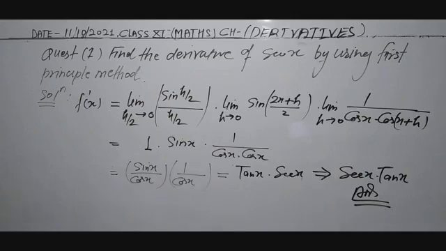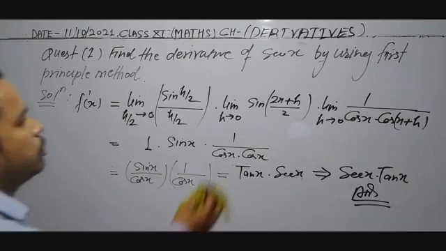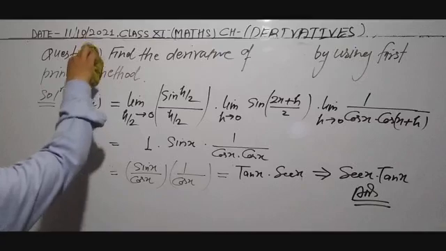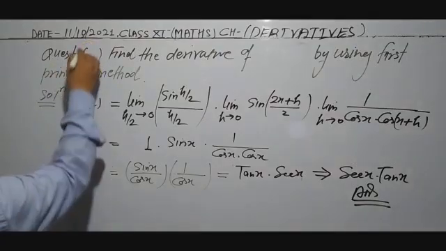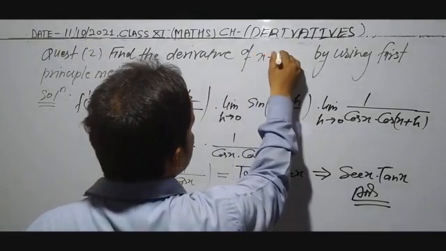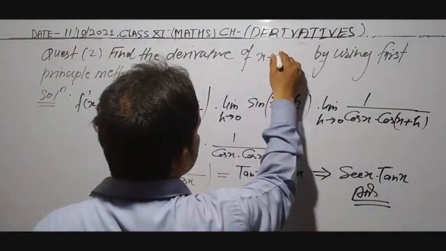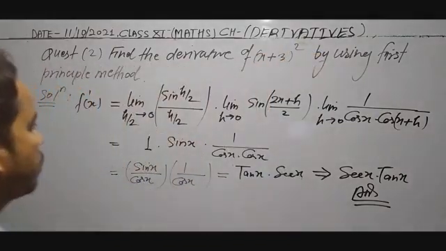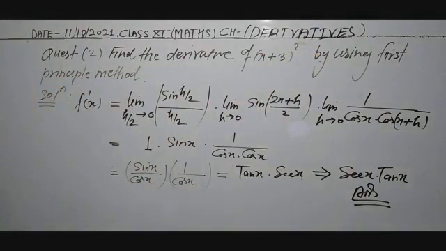Now come to the next question. The next question is question number 2. Question number 2 is, suppose you have to find out the derivative of the function (x plus 3) whole square by using the first principle method.